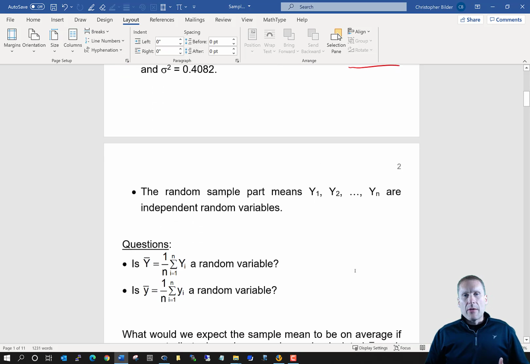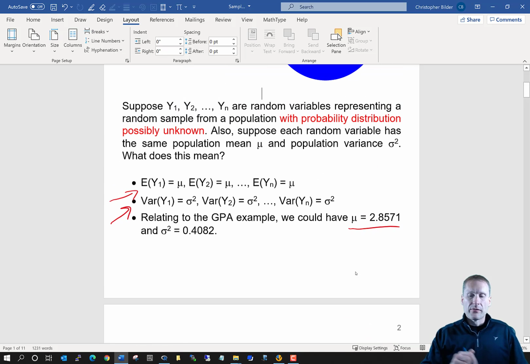Now, the random sample part of our discussion corresponds to the fact that y1 through yn are all independent random variables, and that's going to be very important to us. Again, just to emphasize the point, while I am saying that each of these random variables has the same mean and the same variance, and I actually put particular numbers here for them, before we actually take the sample, we wouldn't necessarily know what those numerical values are.